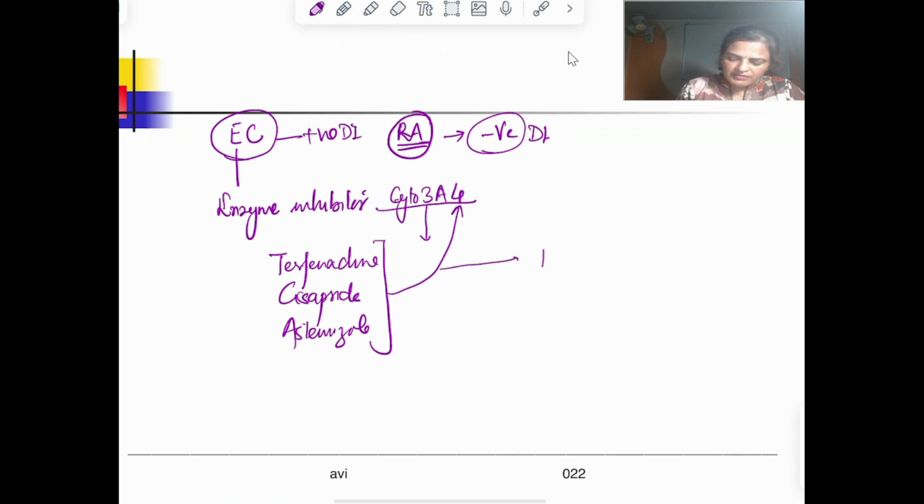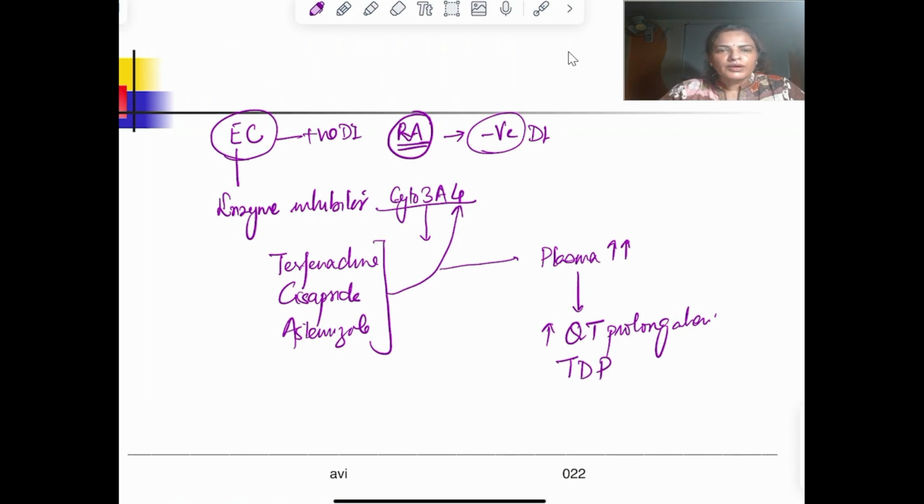Their plasma level will increase, and this will increase QT prolongation, and that is TDP, torsades de pointes.